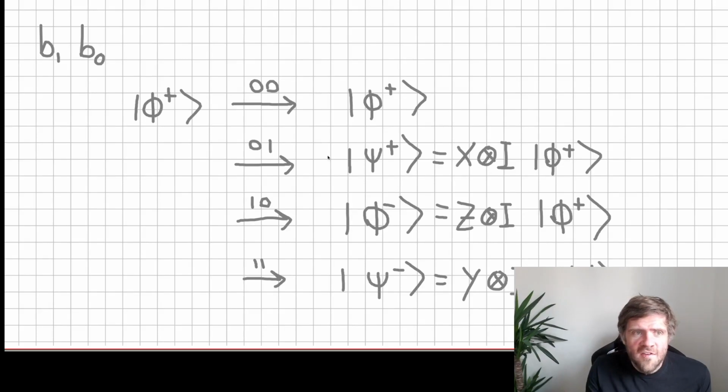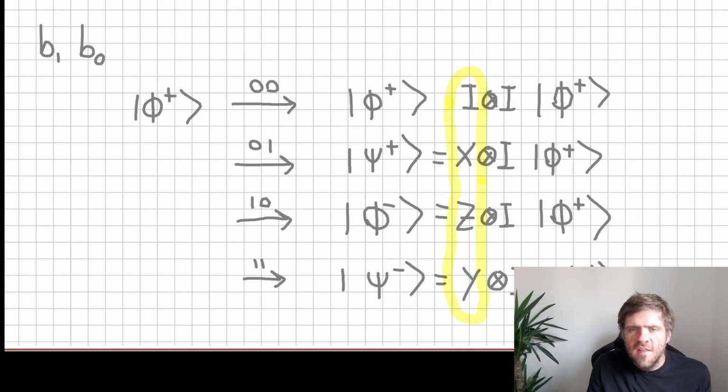Now what is interesting here is that the only thing that Alice needs to do after she already knows what message she wants to send is apply a Pauli to one of the qubits. So that Pauli is one of the 4 possible Paulis, identity, X, Y, or Z, depending on which one of the 4 possible states that she wants to send.